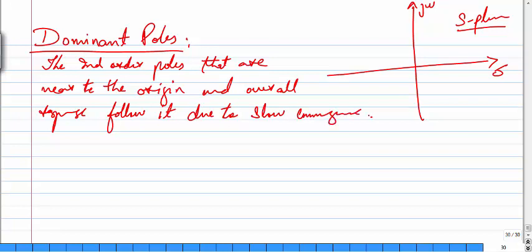So the main idea is that dominant poles are those poles that are near to the origin.